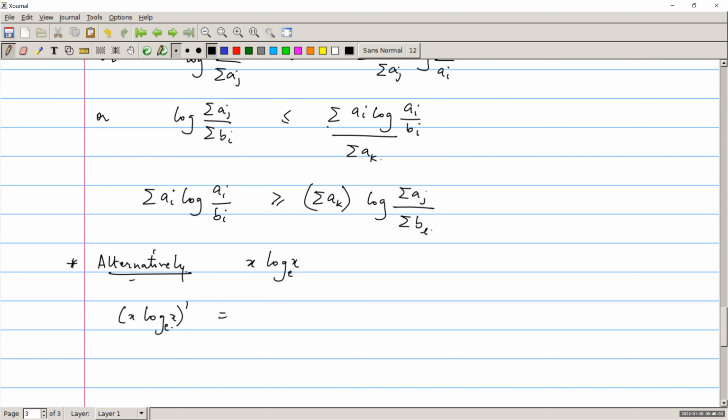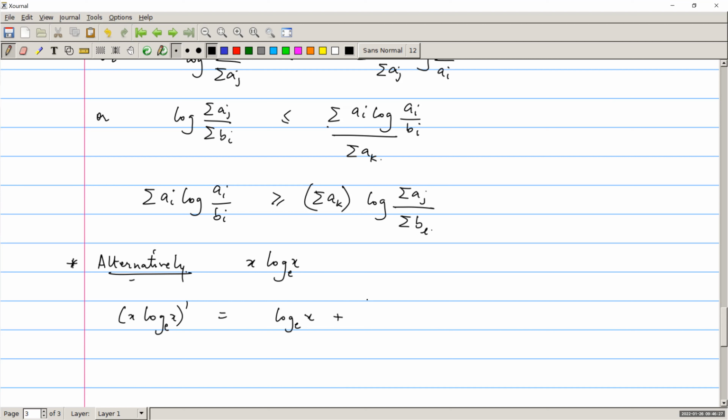So what's the derivative of x log x? Is it log x plus 1 over x? Log of x plus, say again, log of x plus 1.